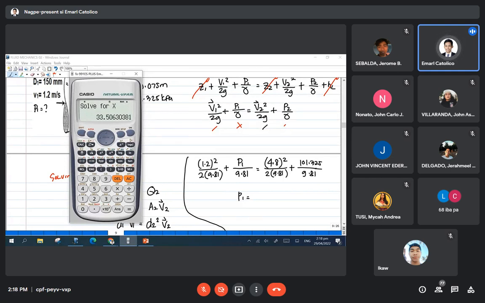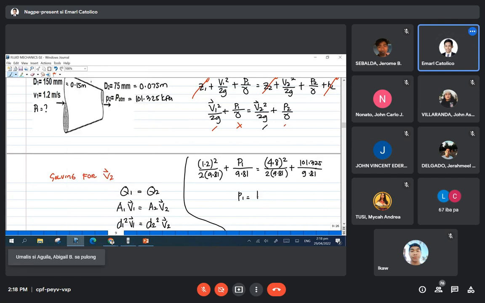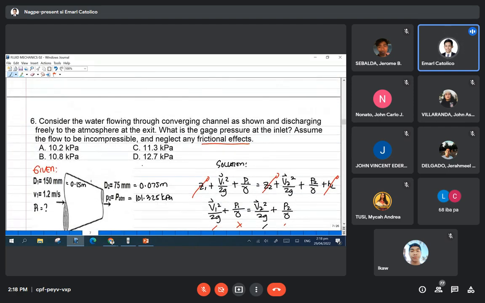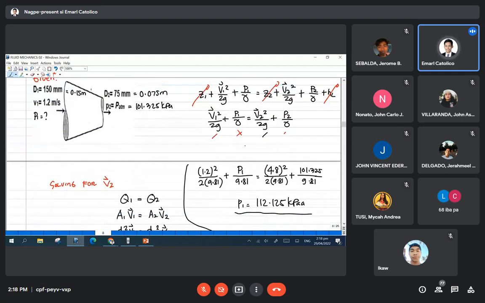So shift solve. Okay. Then pressure natin is 112.125 kilopascal absolute. Okay. So, nasa choices natin, ang kailangan ay gauge pressure. So, minus pa natin ng 101.325.